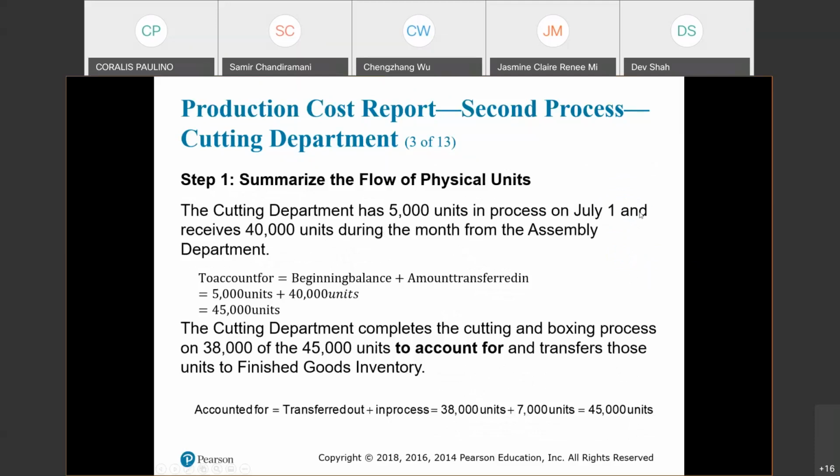So similarly, we do the step 1 to summarize the flow of physical cost. Here I need to correct one thing from the slide.